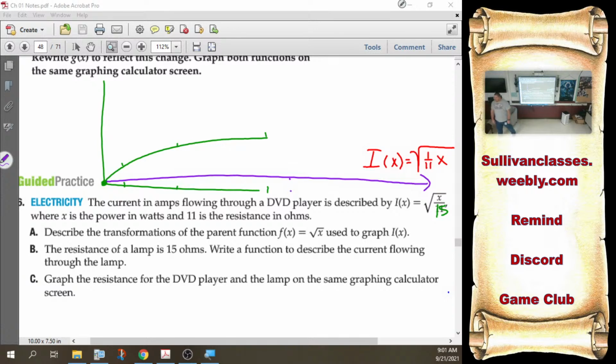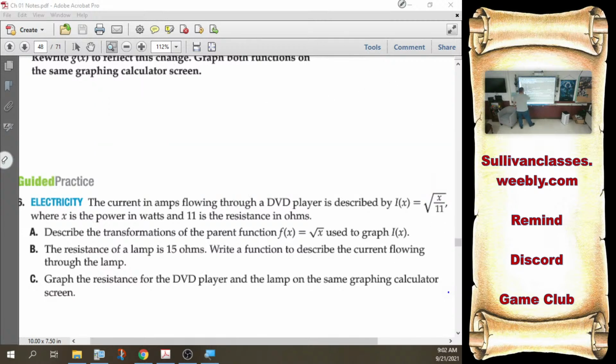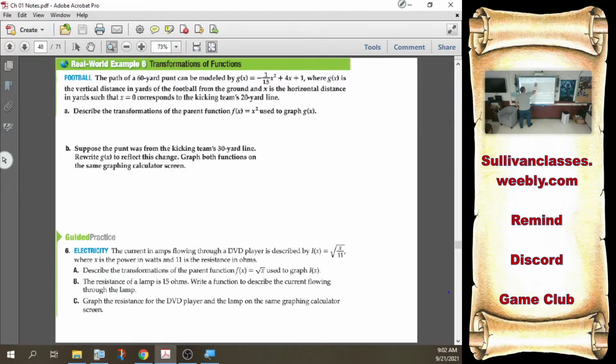I saw a couple of you looking at your calculator and like, ooh, that's tiny, right? It's really squished because we took that graph that should have been coming out like this and yanked it all the way 11 times wider. Okay? So I can do transformations.